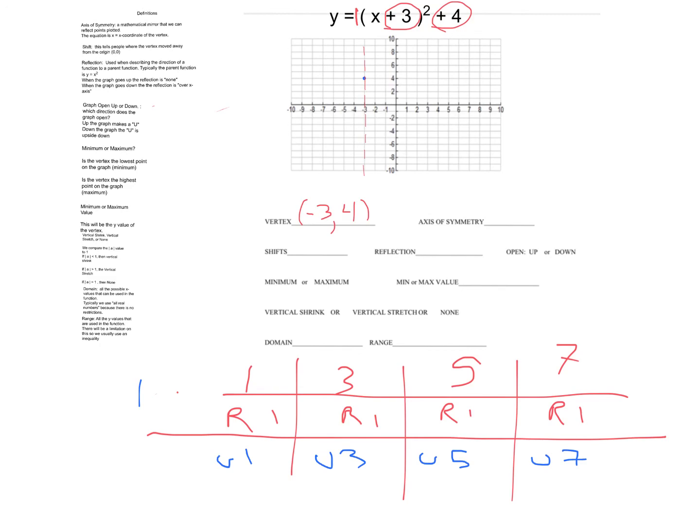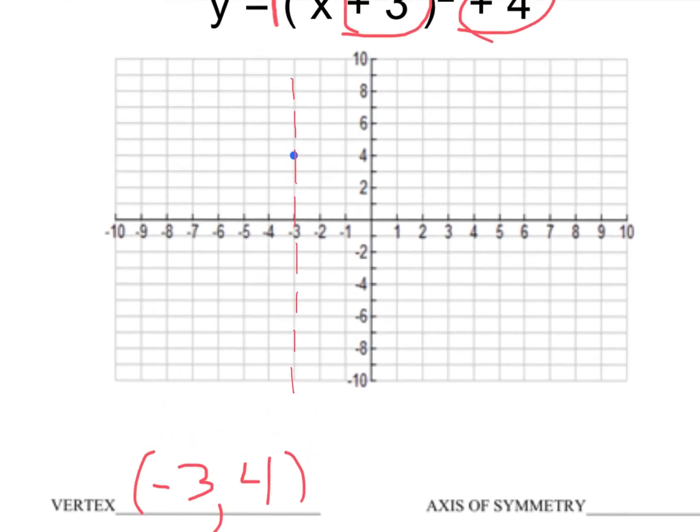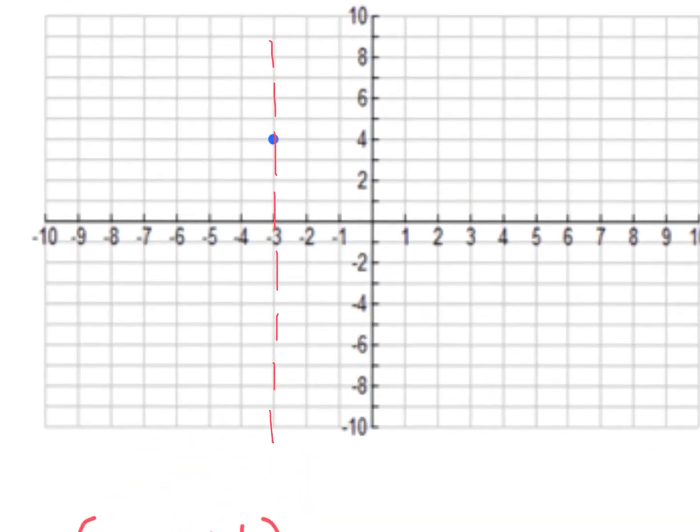Okay. Alright, so let's graph this up to the best of our ability. Okay. So here we go. Right 1, up 1. Right 1, up 3. Right 1, up 5 is going to go off the graph. Okay, so we can't do that. So now let's reflect.